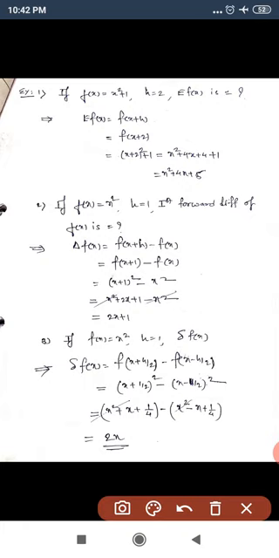And f of x plus 1 by 2 is x plus 1 by 2 bracket square, as f of x equals x square. So it is x plus 1 by 2 bracket square minus x minus 1 by 2 bracket square. And if we simplify this, we get 2x. Just simplify x plus 1 by 2 bracket square, like a plus b bracket square.